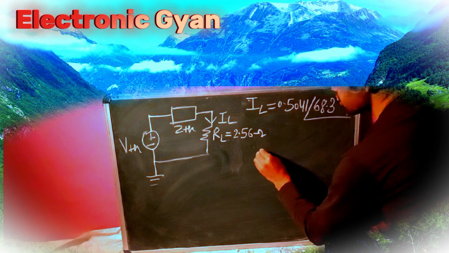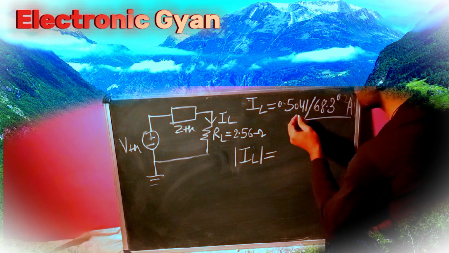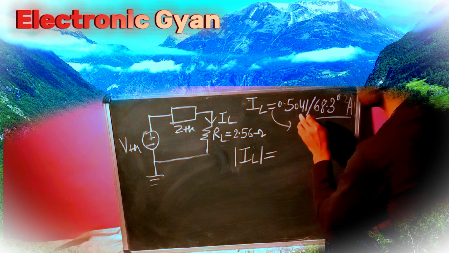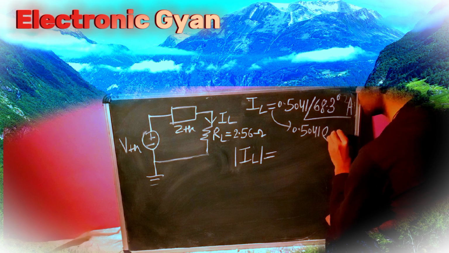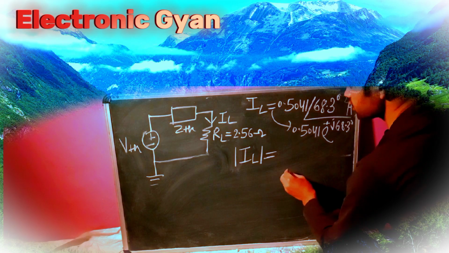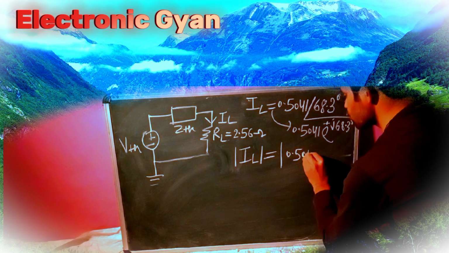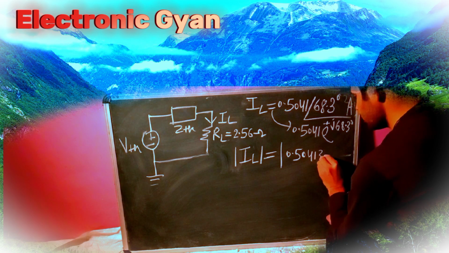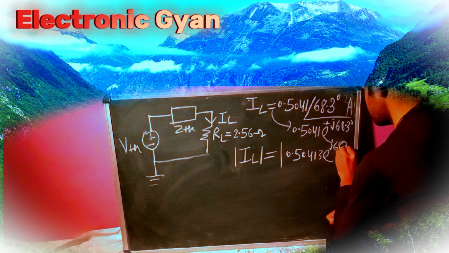Now we are going to find the modulus of load current. What does this current and this angle mean? I can write it as 0.5041 times e to the power j 68.3 degree.